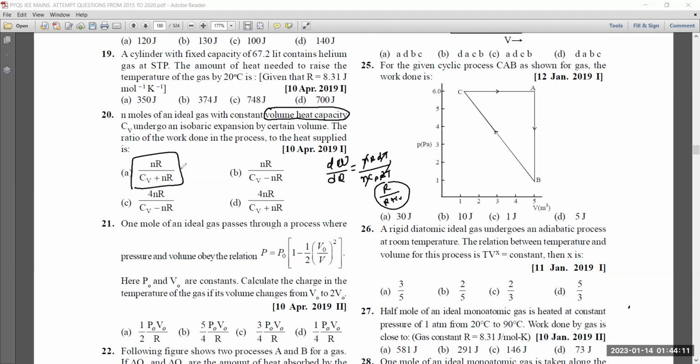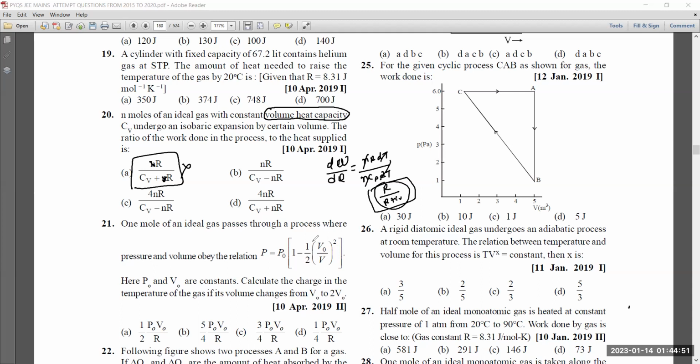I think this is incorrect. N should not come. It is volume heat capacity, or it's a molar heat capacity at constant volume. Can you check the answers? I think this should be the answer. The answer is option A. A will come, but the N should not come actually.